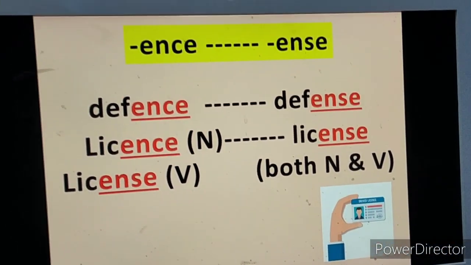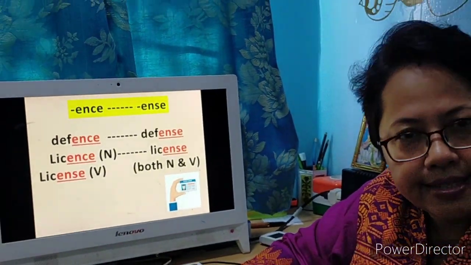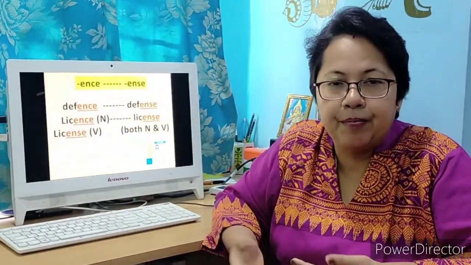Say for instance, I have a licence. The moment I have an article before the word, it becomes a noun. So in the position of the subject and the object, it's a noun there, right? And when it is a noun, we have to use the letter C-E. But when we are using it as a verb, then we use the spelling S-E.